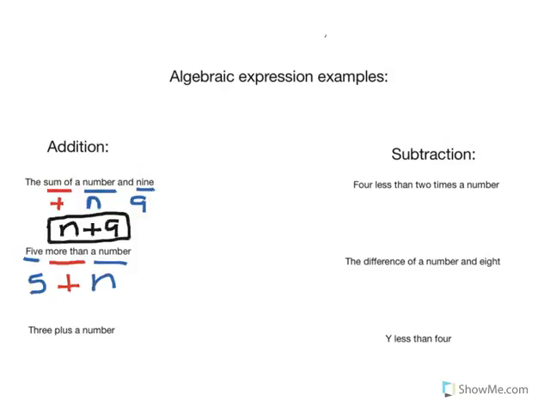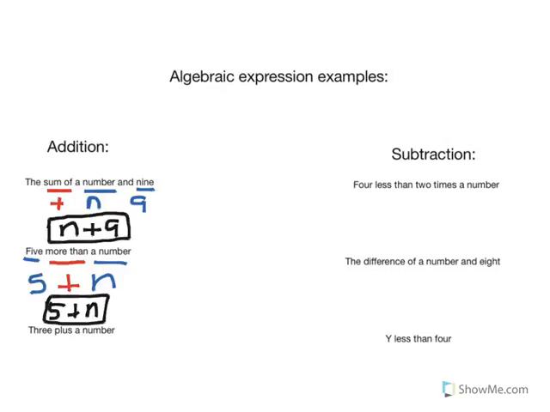So you see how it practically writes itself just by reading it. If you understand what the terminology for addition, subtraction, multiplication, and division are, you pretty much got the equation, okay? On to the next one.